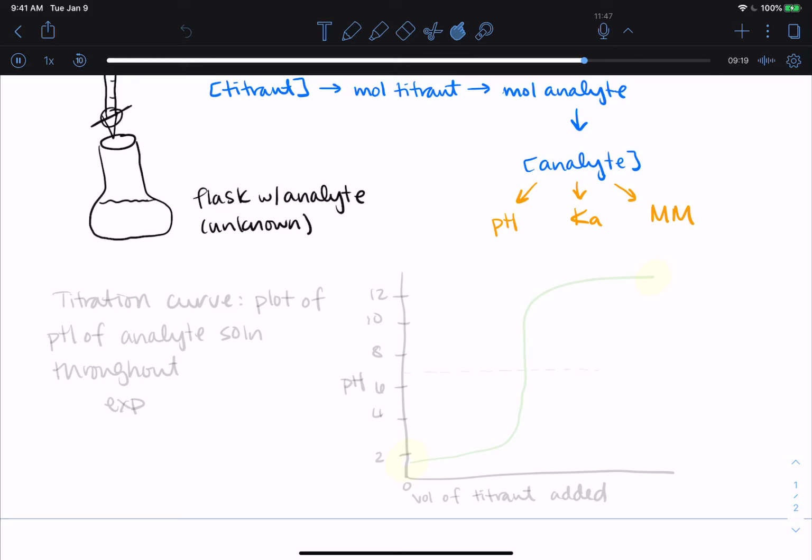So a titration curve is a plot of pH of the analyte solution throughout the experiment.